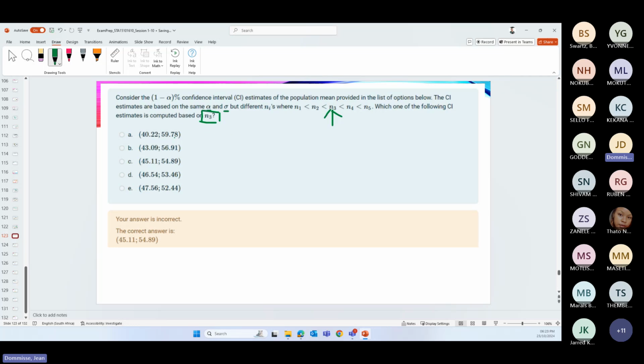So for each one, we need to subtract the two numbers and see which one is the middle number. So 59.78 minus 40.22.